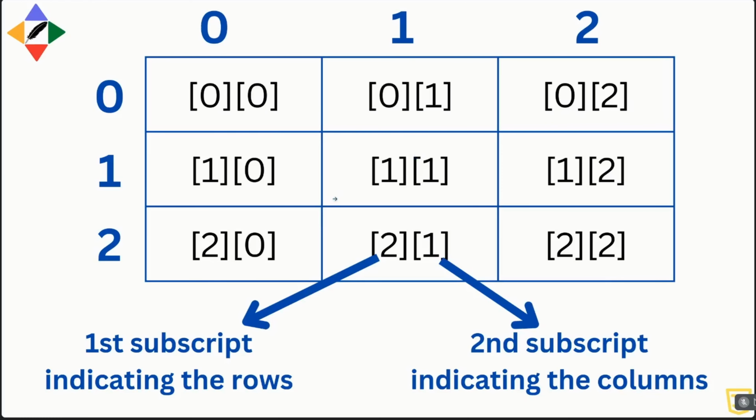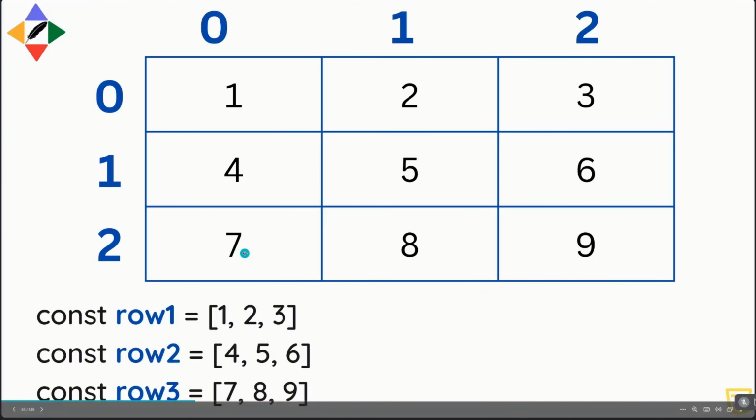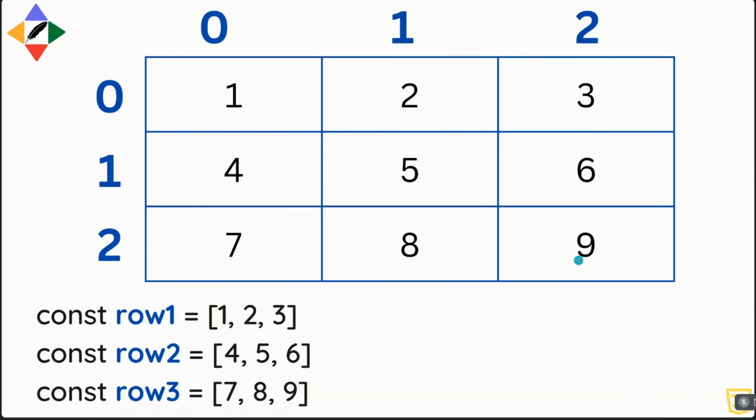Now let's consider this. If I want to store this in an array, how do I do that? Let's say this is the first row, where you define const row containing 1, 2, 3, which is the first array that is defined, row 1. The second row 4, 5, 6 is the second row that is declared, and then there is the third row containing 7, 8, 9.